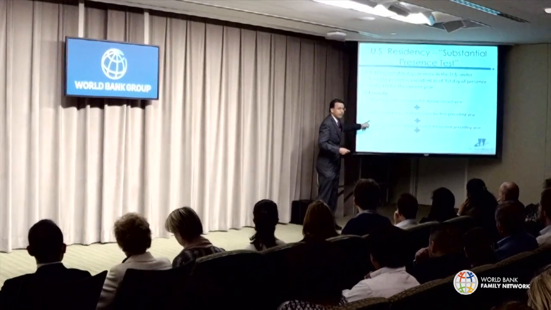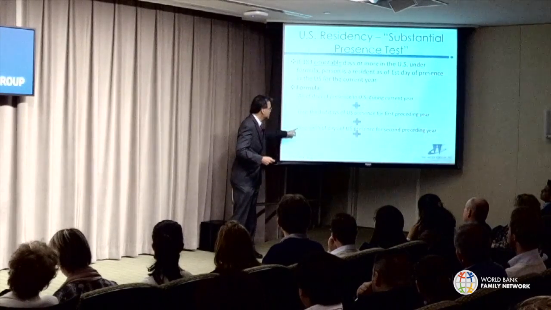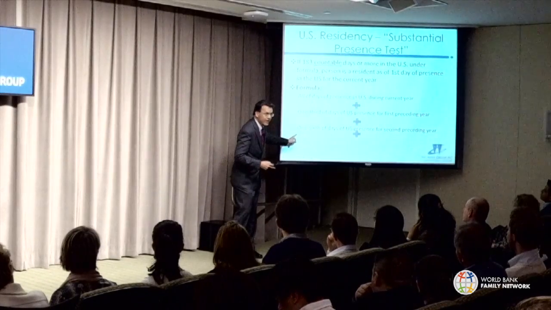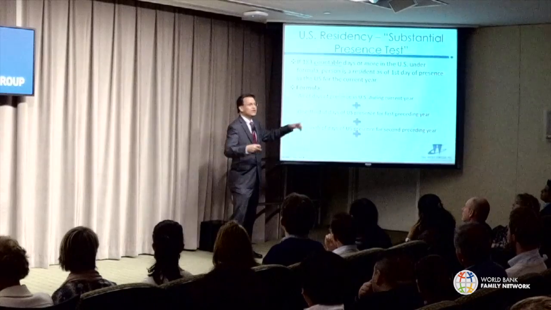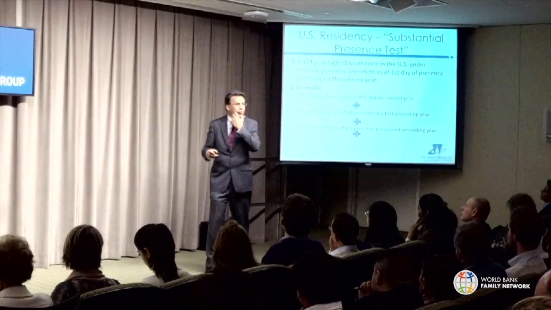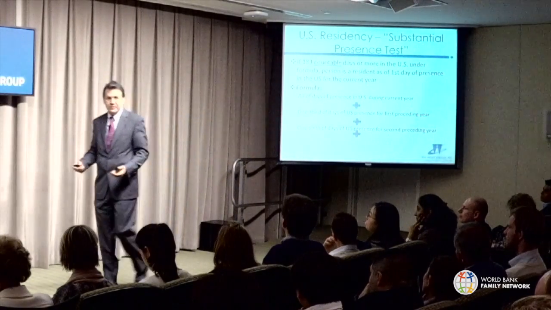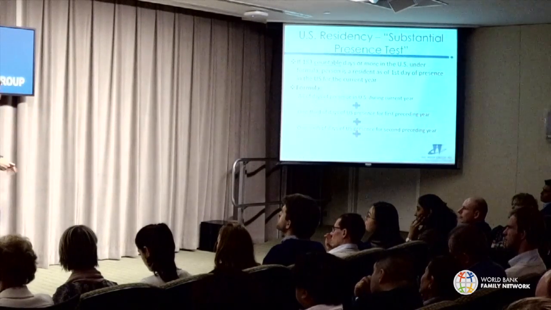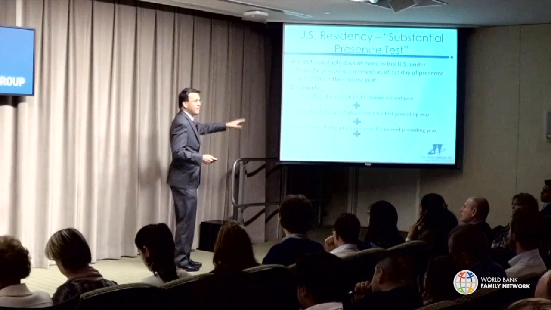You add to that 1/3 of the days that they were in the U.S. the year before that, and 1/6 of the days of presence for that foreign national in the U.S. the year before that. And then you add them up, and if it turns out to be 183 days or more, then they generally become a tax resident of the U.S. in that year.